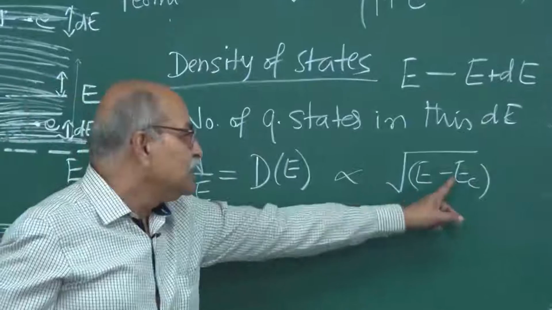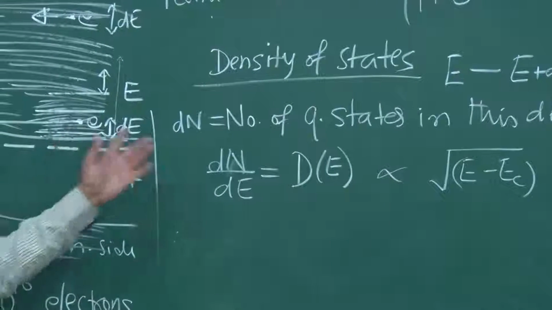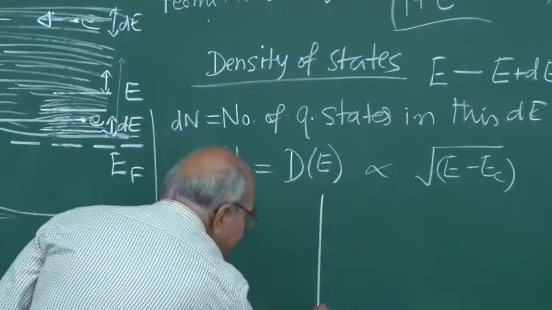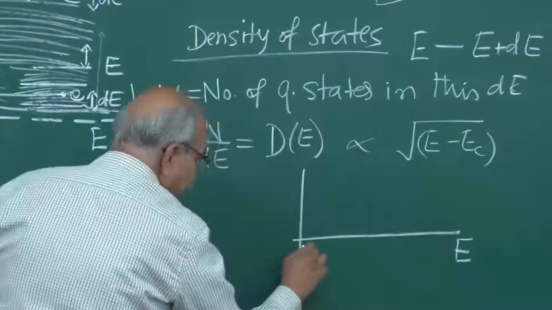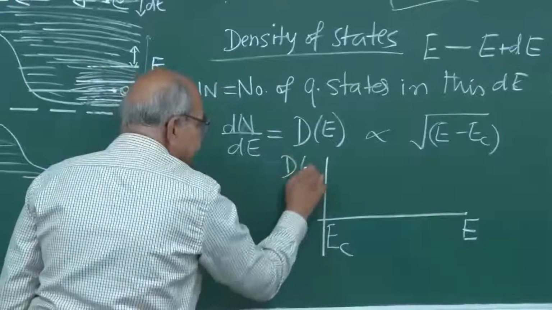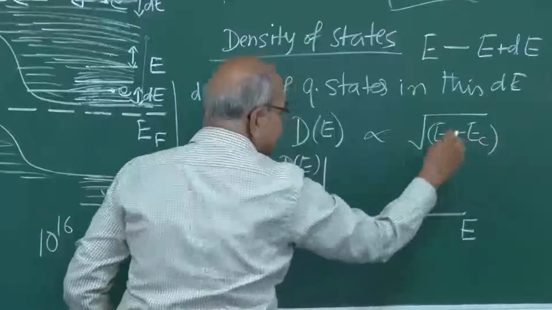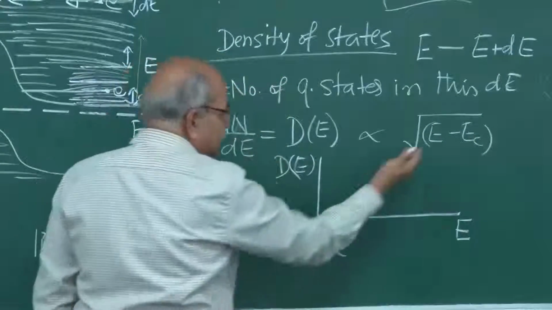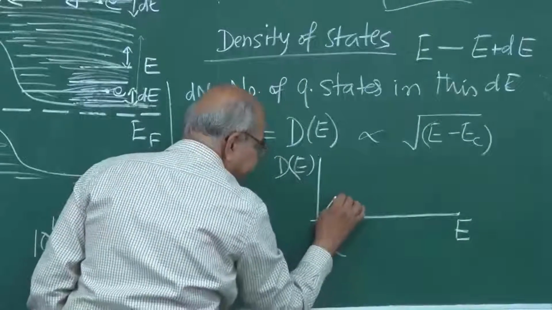At E equal to EC, right at the bottom of the conduction band, this number is 0. If I plot D(E) versus energy E, with this point being EC, D(E) is proportional to the square root of E minus EC, so at E equal to EC it is 0, and then it will go like this.